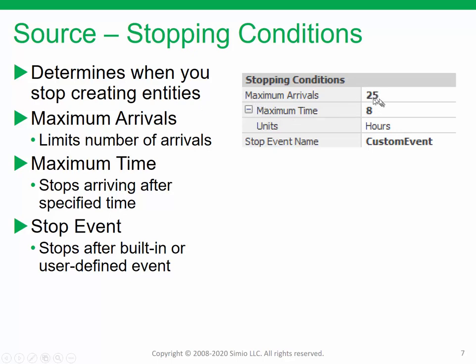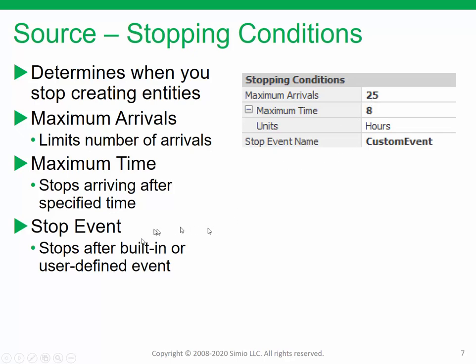In this case, the maximum number of arrivals is 25, which means after the 25th arrival, the source object will stop creating entities regardless of the simulation time or whatever other settings you have. I also have a maximum time of 8, and so this stops creating entities after 8 hours, again regardless of how many arrivals you've had, assuming in this case it's less than 25. So if you hit 25, it stops, or if you hit 8 hours, it stops. One of those two conditions, it will stop.